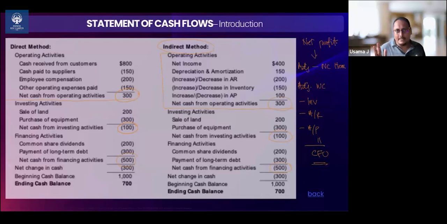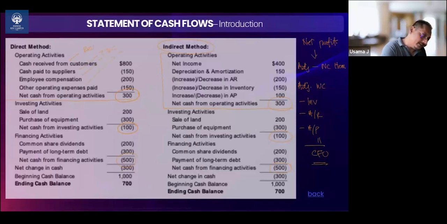Under the direct method, in layman's terms, how we like to say it is, the direct method is the cash basis income statement. See, this is my revenue. This is my direct cost.